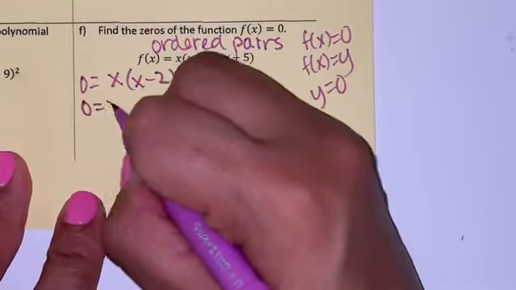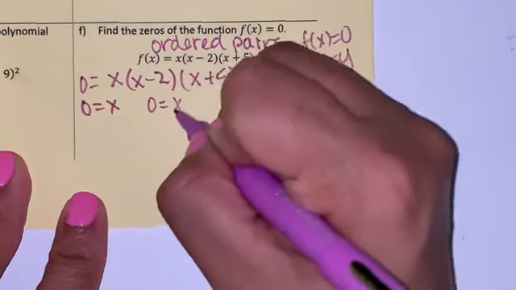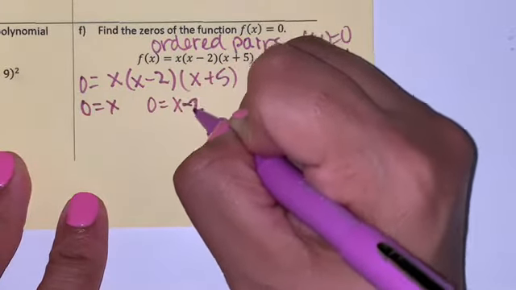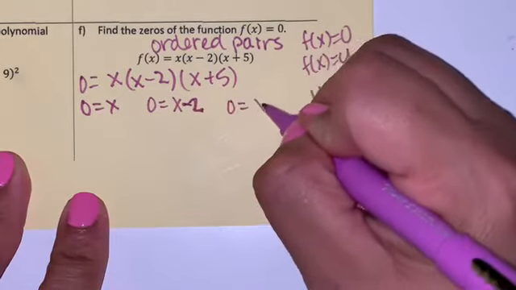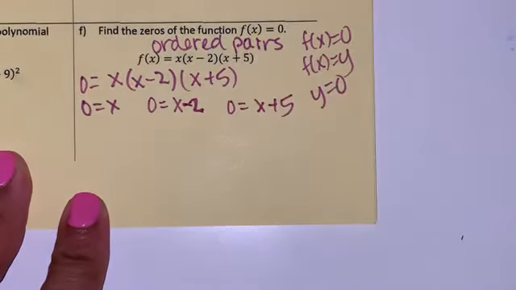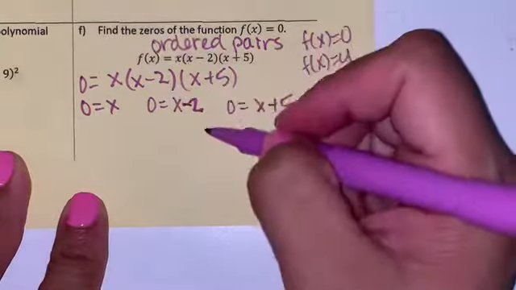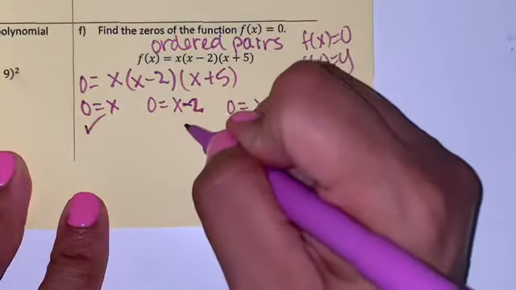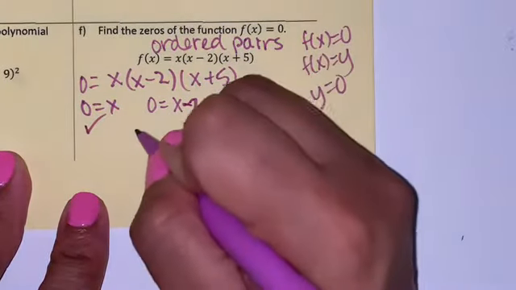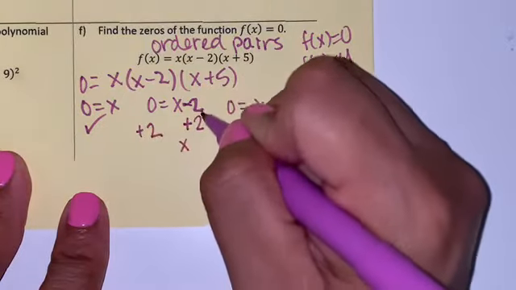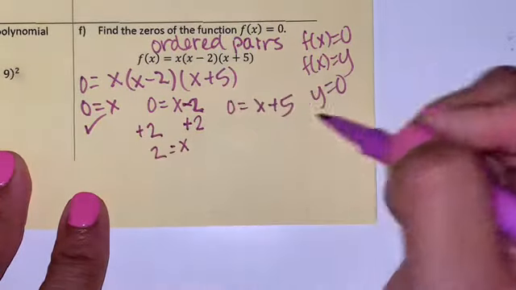We're going to split this up. 0 equals x, 0 equals x minus 2, 0 equals x plus 5. So this one's done. Solve for x here. You're going to add 2 to both sides. X equals 2.